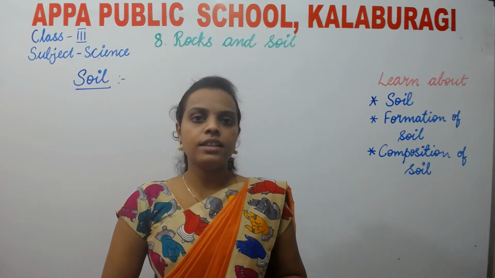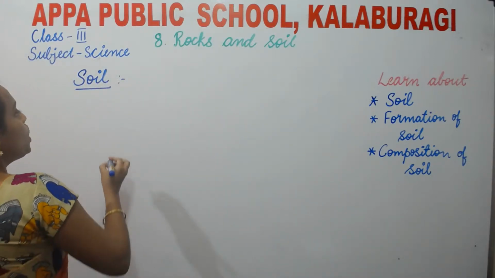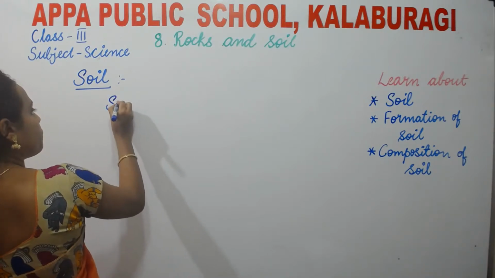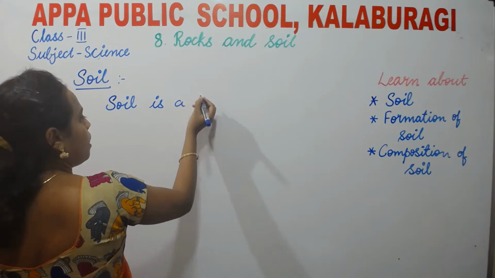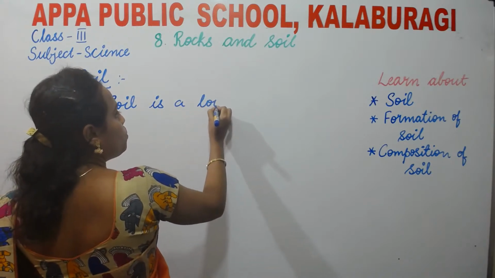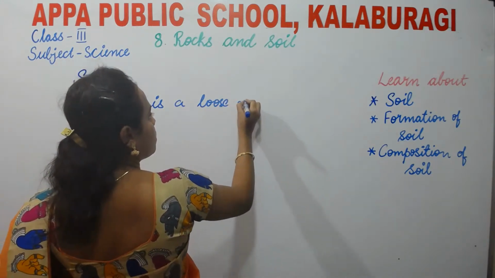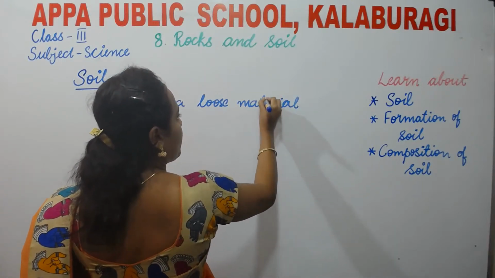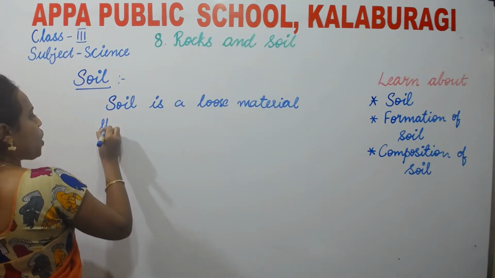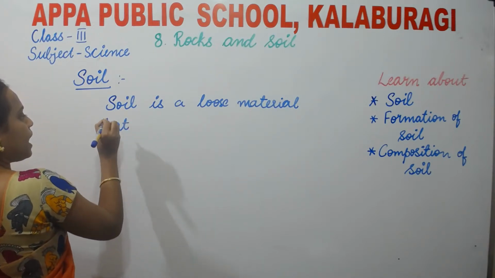So we can say that soil is a loose material that lies on top of the land.